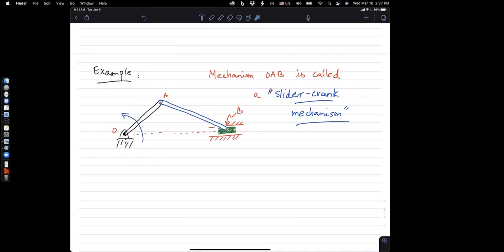Or you can imagine this thing goes back and forth and this thing either rotates all the way around or just rotates back and forth. Brian says I can visualize it, I've seen pistons. Yeah, that's right.